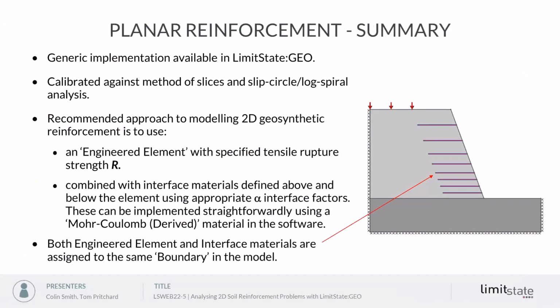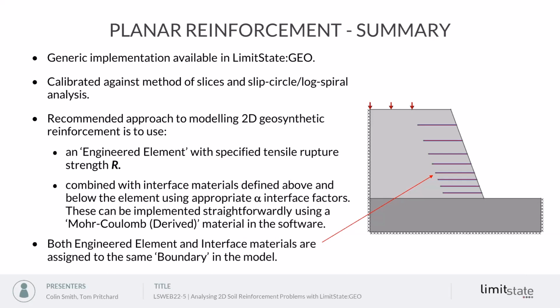So hopefully what you've seen in this short presentation is that in terms of modeling planar reinforcement, we've got a generic implementation available in the LimitState GEO software. It's been calibrated against method of slices and a slip circle log spiral analysis.